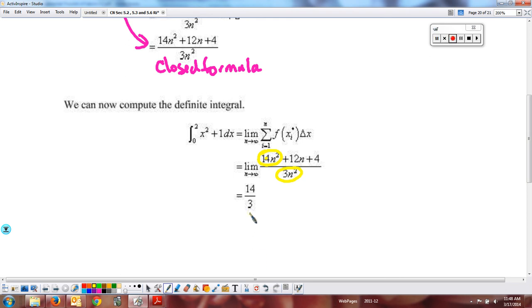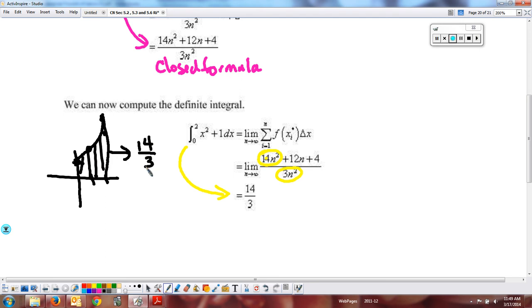That tells us that the accumulated area on this function from 0 to 2 is 14/3. If I were looking at a picture, here's my x squared plus 1. This area from 0 to 2 is exactly 14/3.